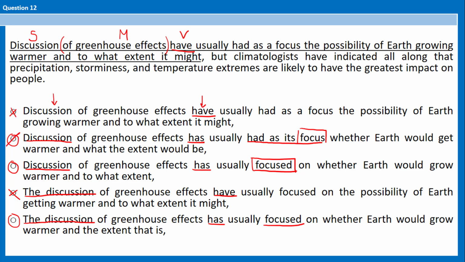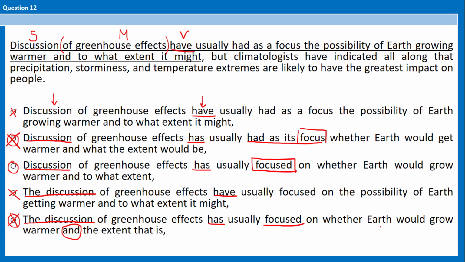For that reason, I'm between 3 and 5. Now, what other differences do we see? In number 3 you have has usually focused on whether Earth would grow warmer and to what extent, versus 5 has usually focused on whether Earth would grow warmer and the extent that is. Okay, and the last one is wrong because it is not parallel.